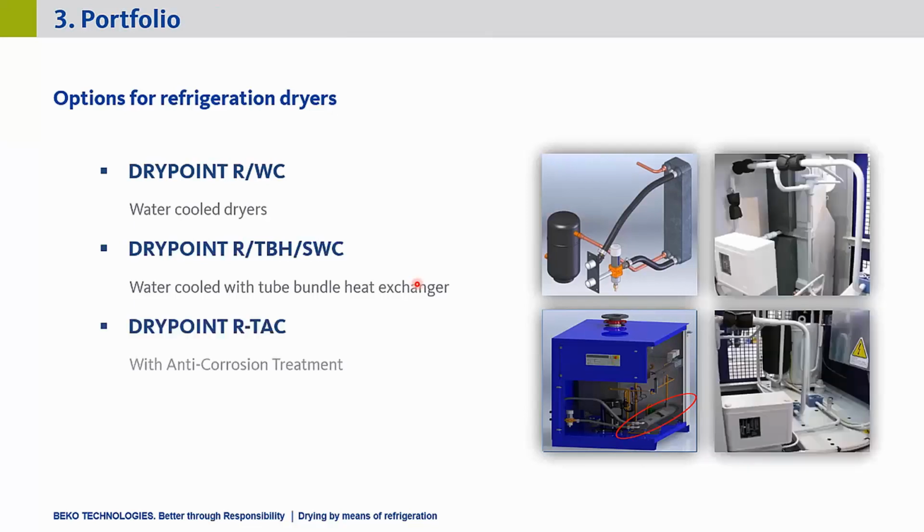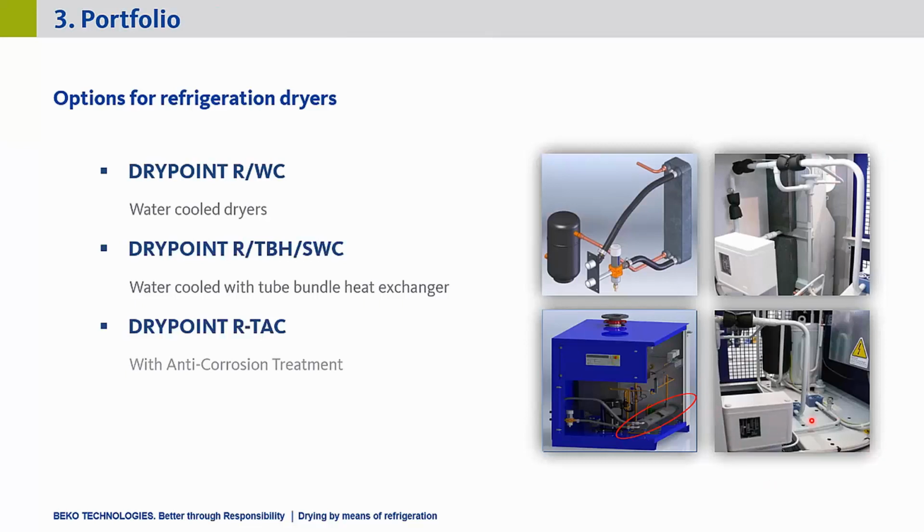Then we have the TAC option. TAC stands for treatment anti-corrosion. You can see these here on the right. This does not mean, as some people think, that we have some coating inside the compressed air line so that you can flow more aggressive compressed air through it. These coatings are just on the outside of the components in the dryer.